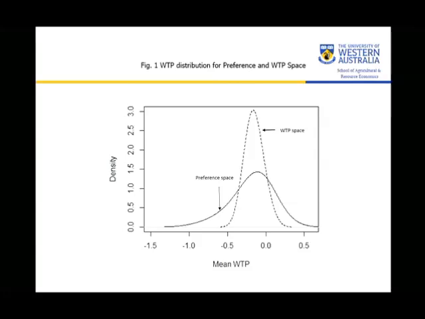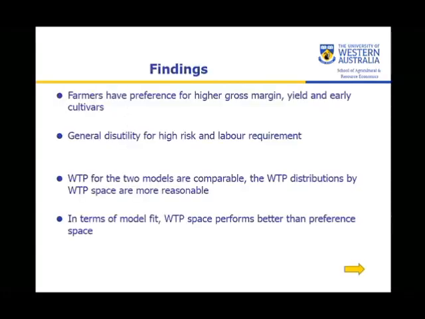So just some brief findings on this. We said that farmers will have a preference for higher gross margin and yield, and it's also a disutility for high risk and labor requirements. For our two models, the willingness to pay estimates are equivalent, but the distributions are not.